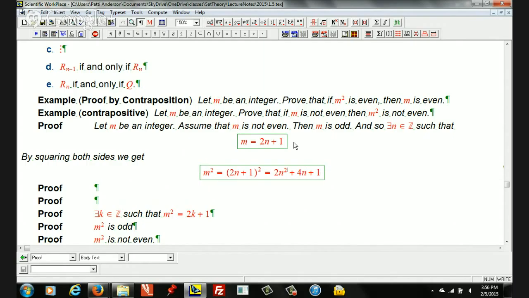Shouldn't that be a 4n squared at the beginning? Yeah. So we're trying to get to a 2k plus 1. So factor the 2 out.